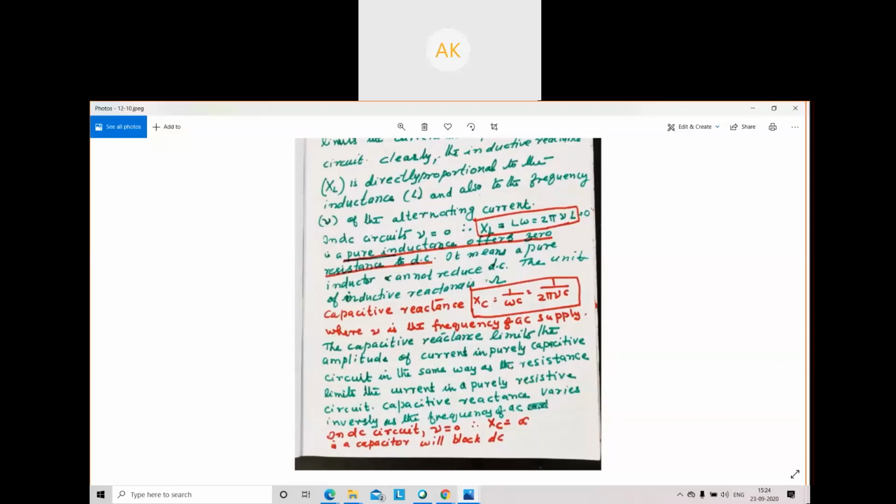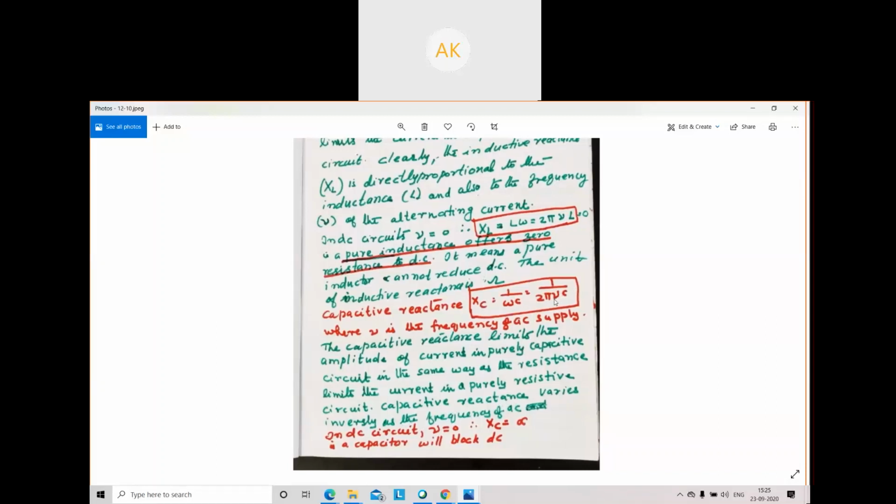So it blocks DC, but it only limits AC. See, capacitive reactance limits the amplitude of the current in a purely capacitive circuit in the same way as resistance limits the current in a purely resistive circuit. Capacitive reactance varies inversely as the frequency of AC. XC is 1 by 2 pi into nu into C, inversely.